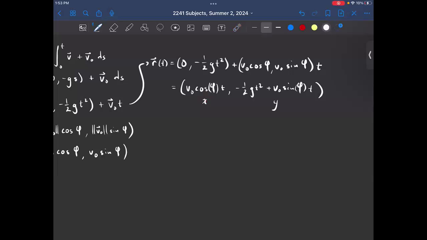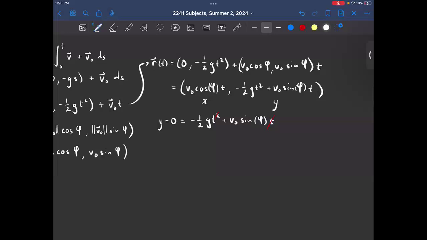We can solve for t directly when y is 0. So if y equals 0, then we have minus 1/2 gt squared plus v0 sine of phi t. Okay, but we can divide a factor of t out of here because the t equals 0 solution is the initial position of the ball, and we know that that is 0, and that's not where the ball has traveled at all.